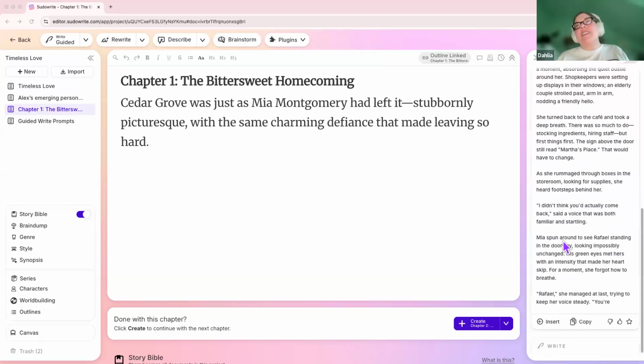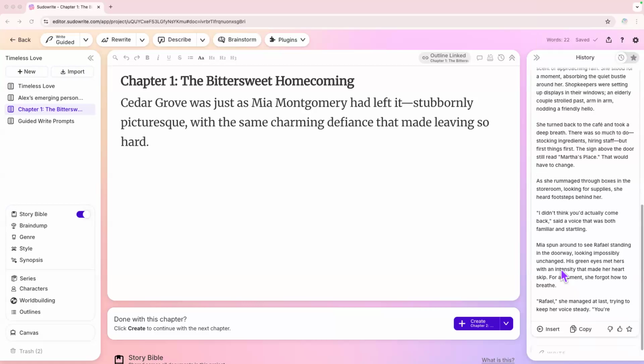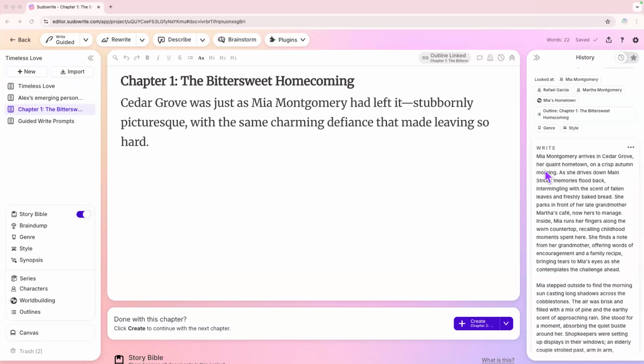Why are you not impressed with the sentence? It's just, I don't know, it's not very hooky. So how can we fix that? Yeah, I think it's a bit more telling than showing.